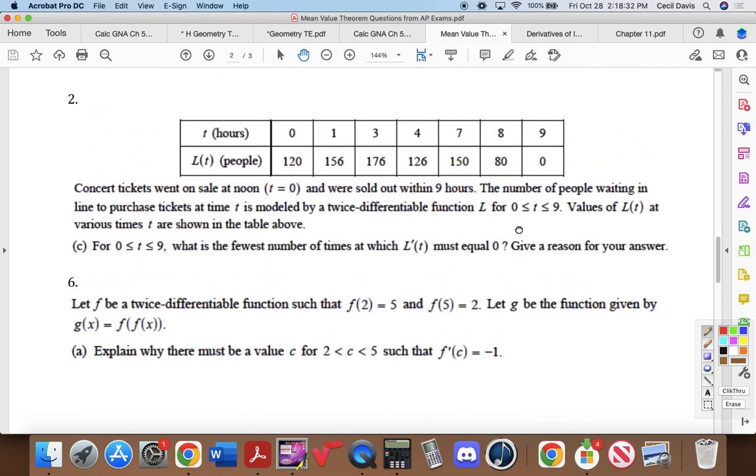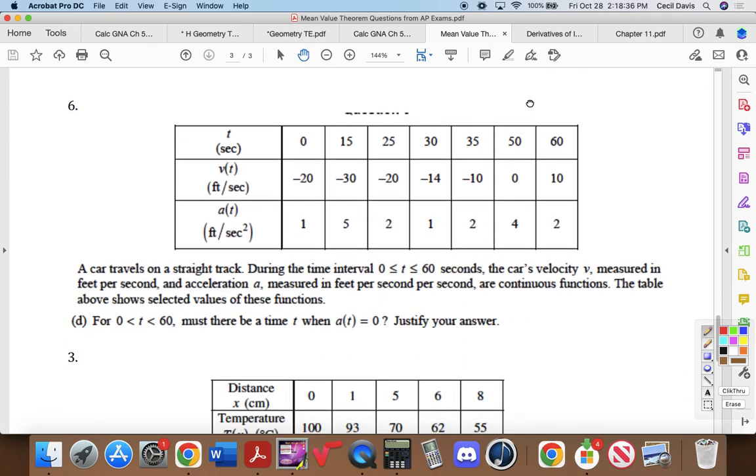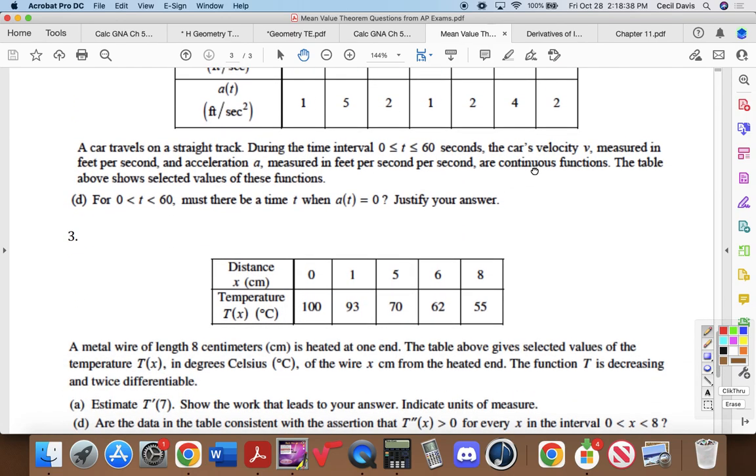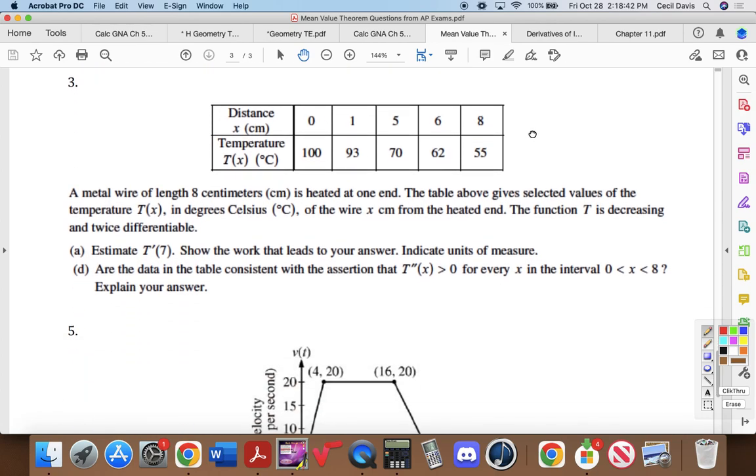Let's see. We're not going to be able to get through all of these. Let's look at number 3 on the next page. A metal wire of length 8 centimeters is heated at one end.